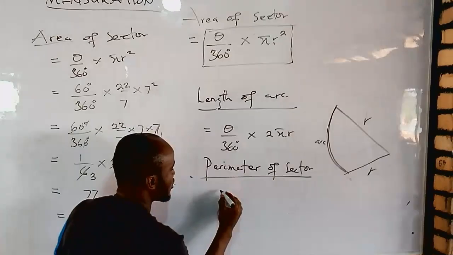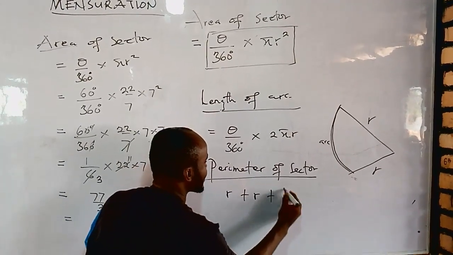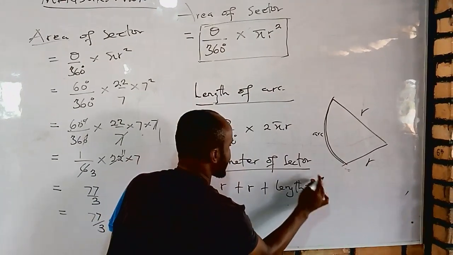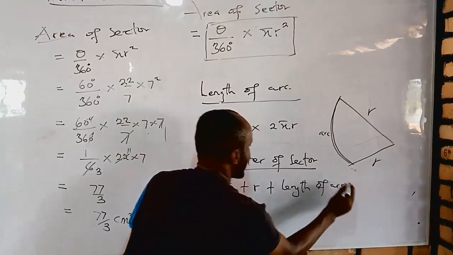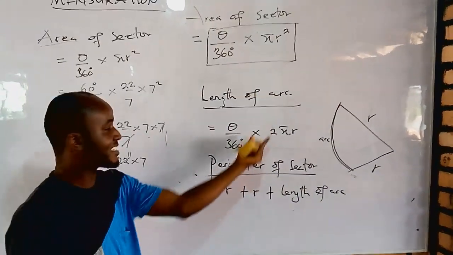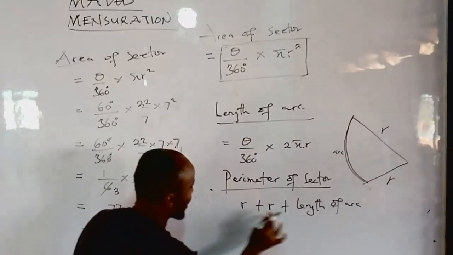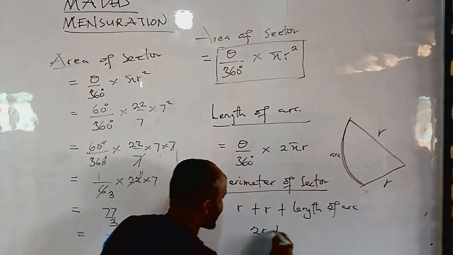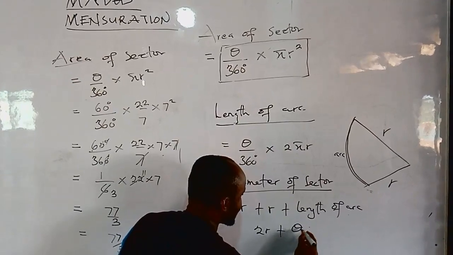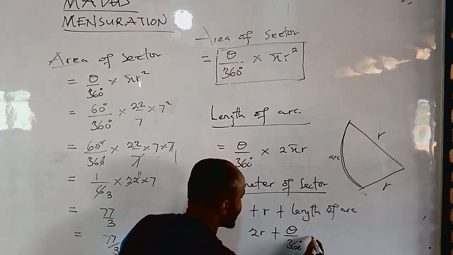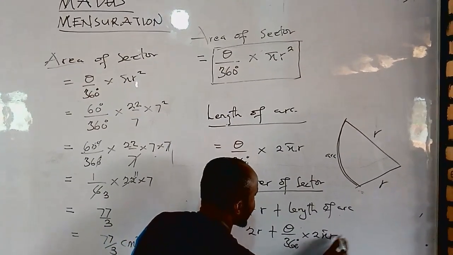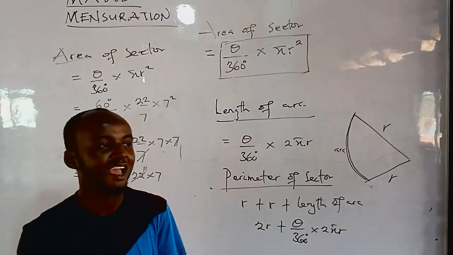We know the length of arc to be theta out of 360 degrees times 2 pi r. Therefore, R plus R gives us 2r plus the length of arc, which is theta out of 360 degrees times 2 pi r. So that's the formula.